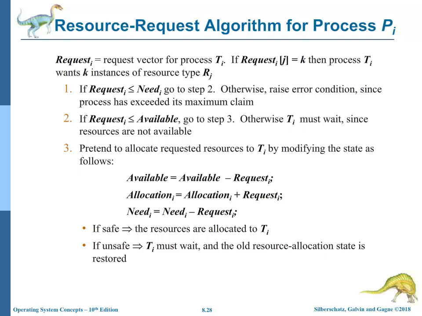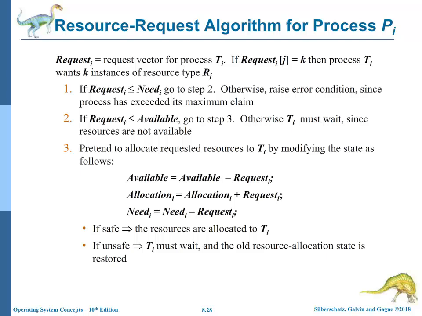Step 1: If Request i is less than or equal to Need i, go to step 2. Otherwise, raise an error condition since the thread has exceeded its maximum claim. Step 2: If Request i is less than or equal to Available, go to step 3. Otherwise, Ti must wait since the resources are not available.